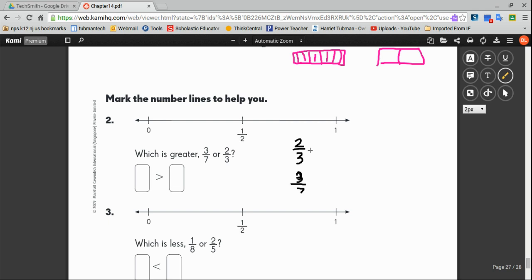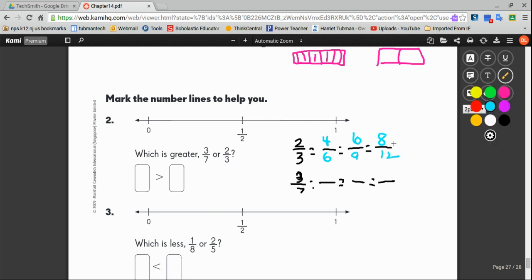Okay, let me get some equivalent fractions here. Alright, let's get some equivalent fractions here on the bottom as well. Equals and equals. Here we go. I'll use different colors. So 2, 4, 6, 8, 3, 6, 9, 12.